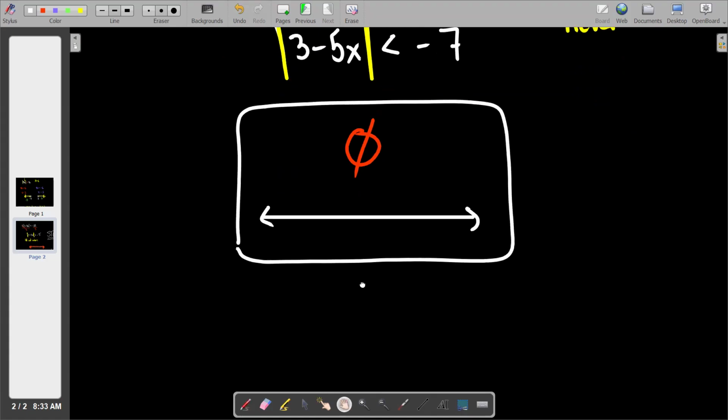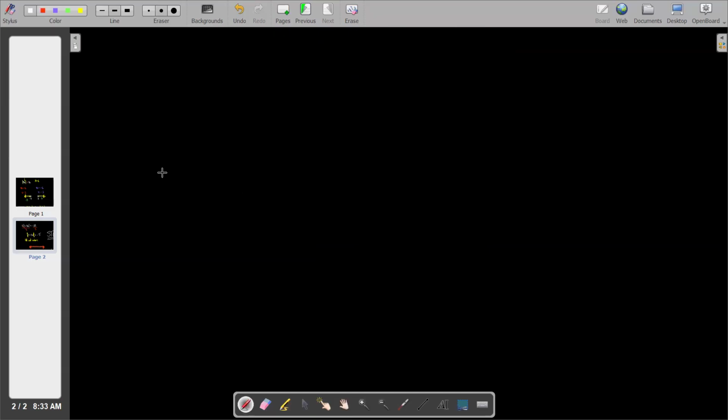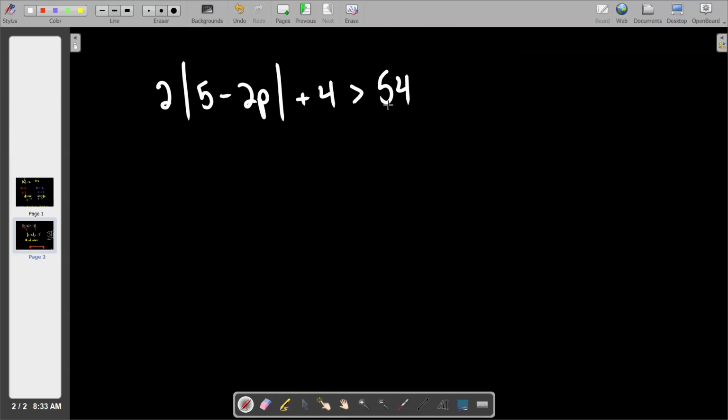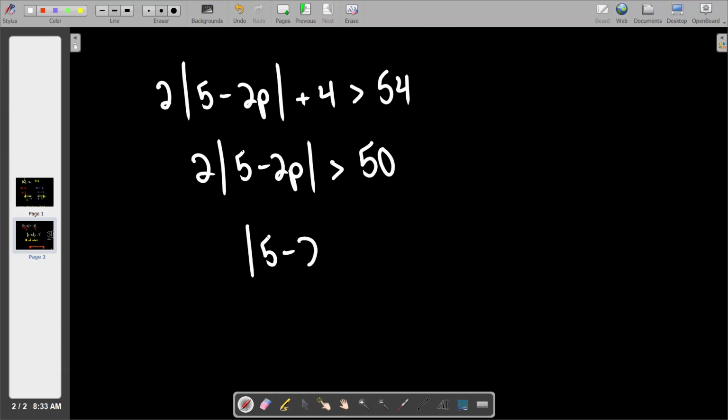Last one, okay. Number 8 is 2 times the absolute value of 5 minus 2p plus 4 is greater than 54. I am going to subtract 4. And then I am going to divide by 2. And I have now reached the promised land.